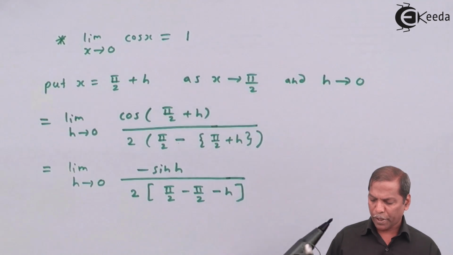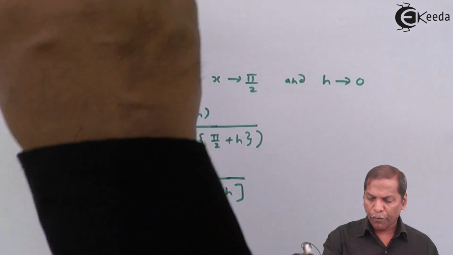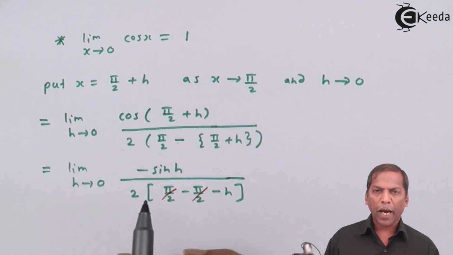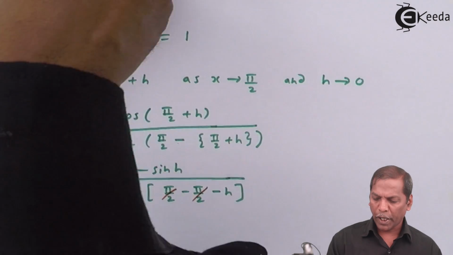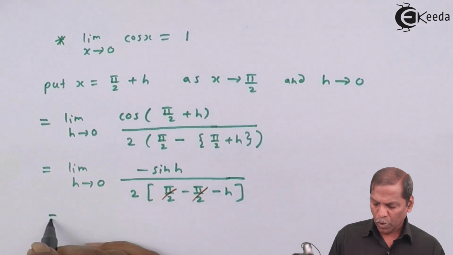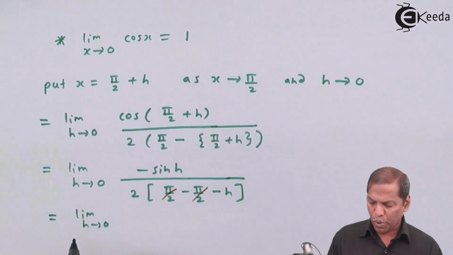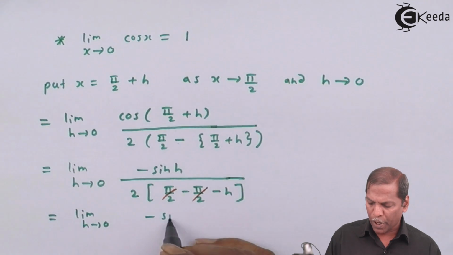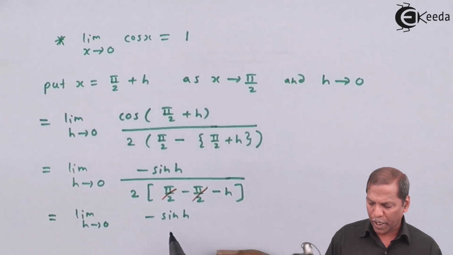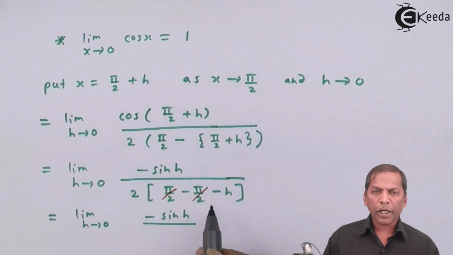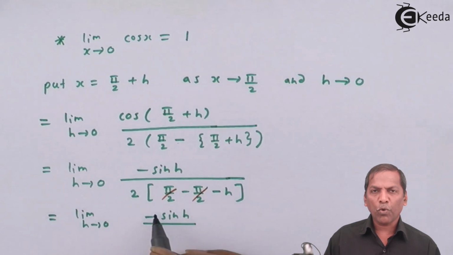Then if you observe here, we cancel plus pi by 2 and minus pi by 2 in the denominator. So the next step will be limit h tends to 0 of minus sin h in the numerator upon 2 into minus h, that is minus 2h in the denominator.